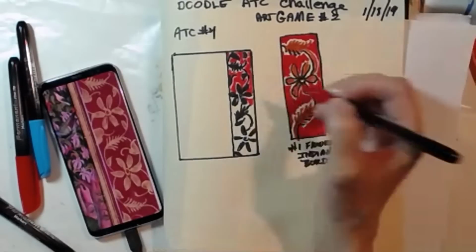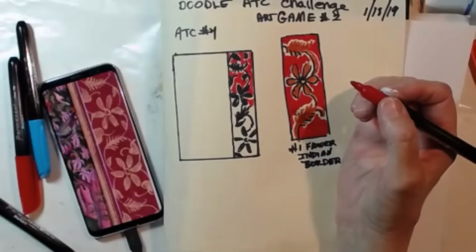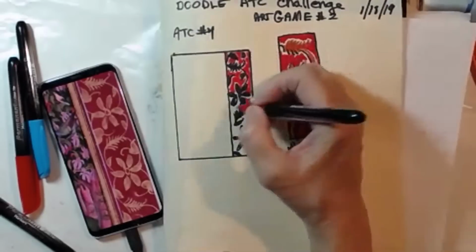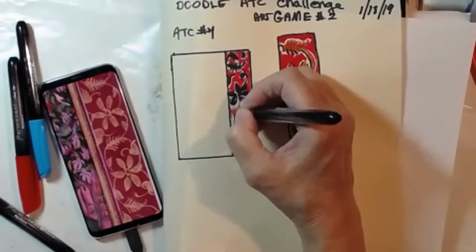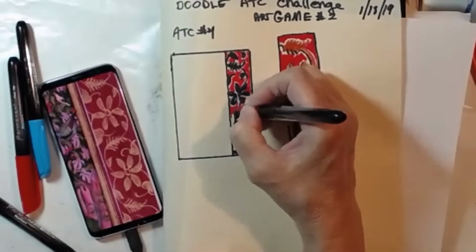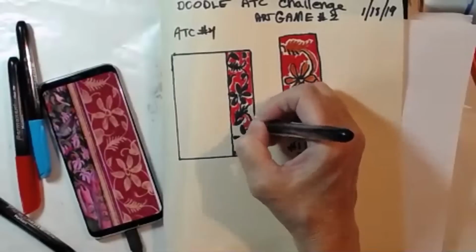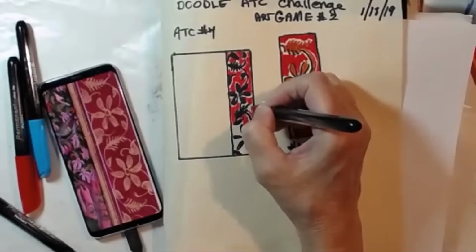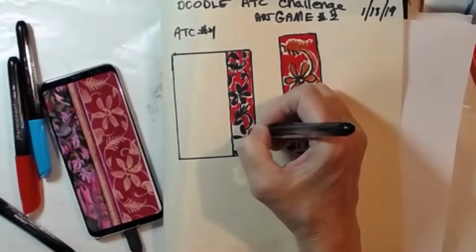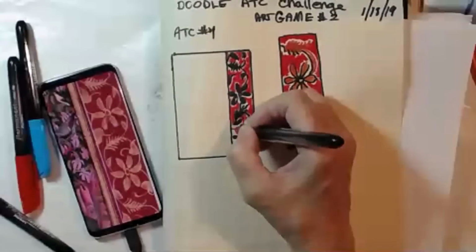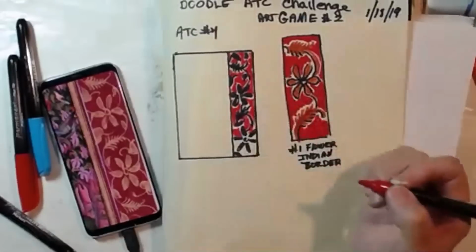And I would imagine if you do this enough that you could do them pretty fast. I'm kind of studying it while I'm doing it. So there's motif number 1. It was kind of a large one.